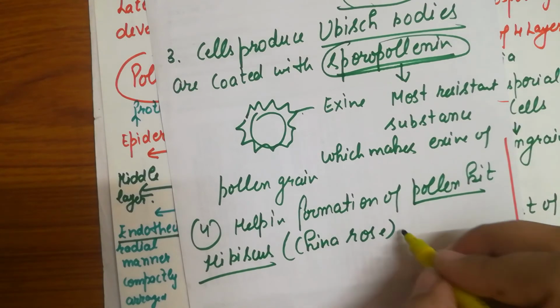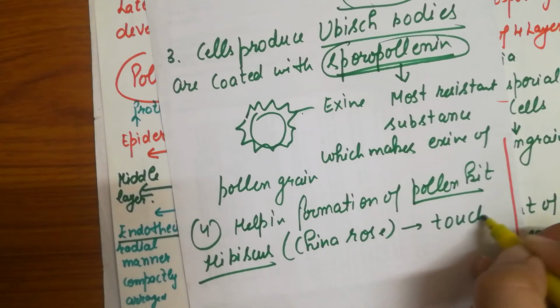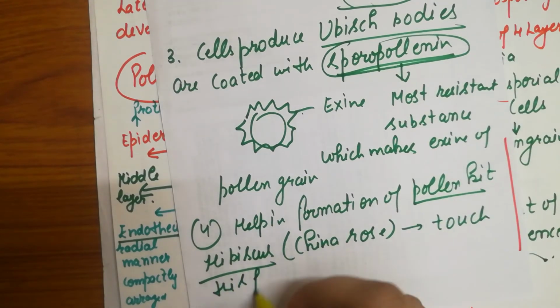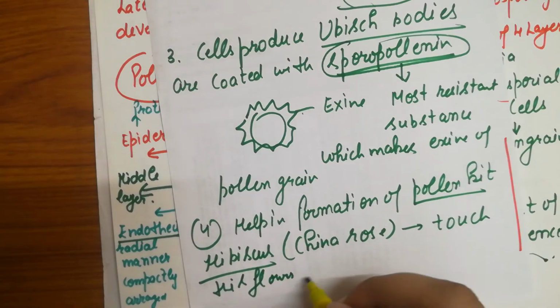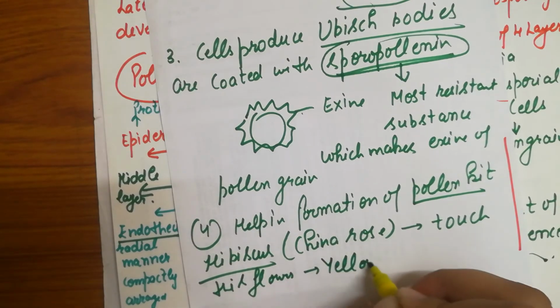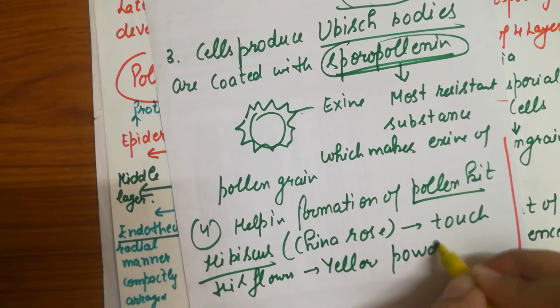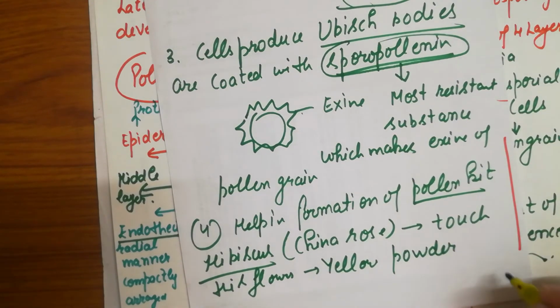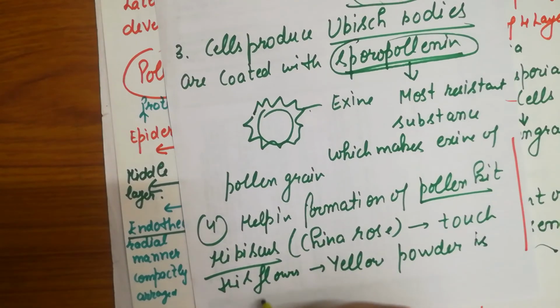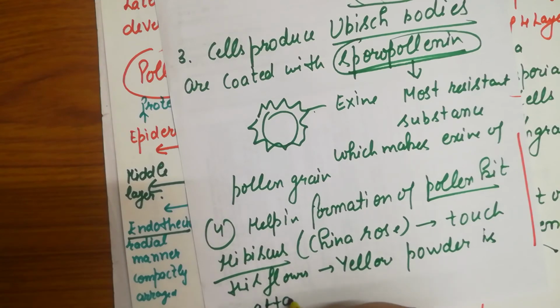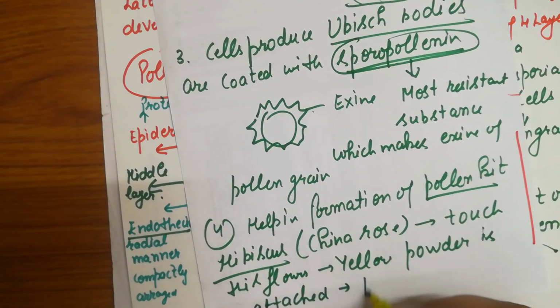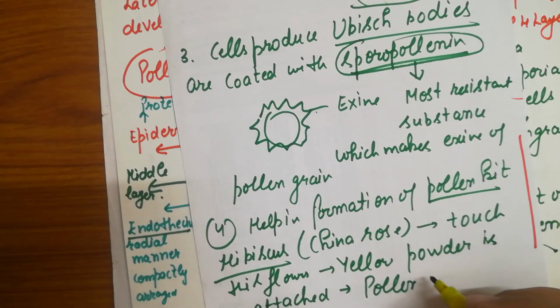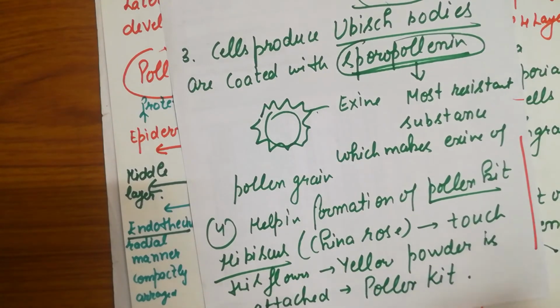When we touch a hibiscus flower, you can observe a yellow powdery substance attached to your hand, and that is called pollen kit, which is formed by the innermost layer, tapetum.